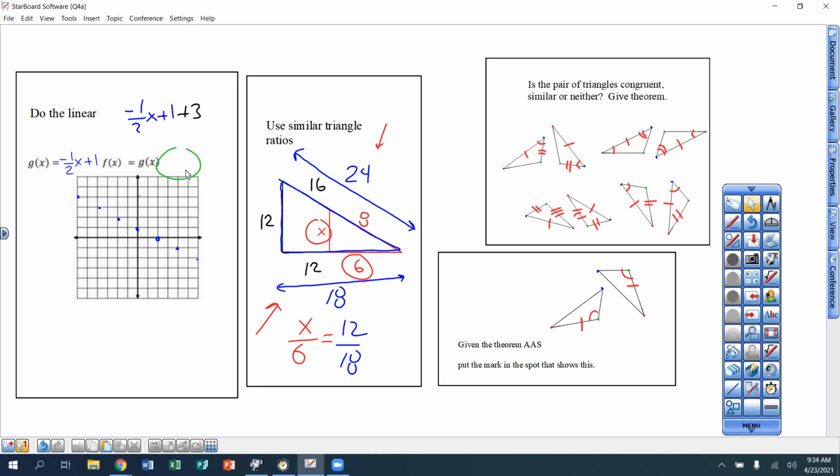Yeah. So that picture, that's the A group. That's the A group.